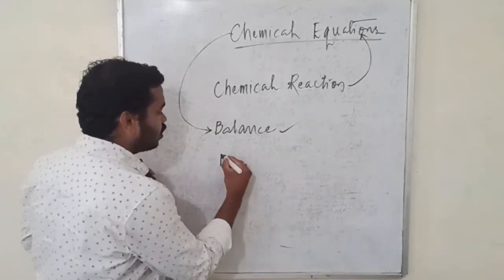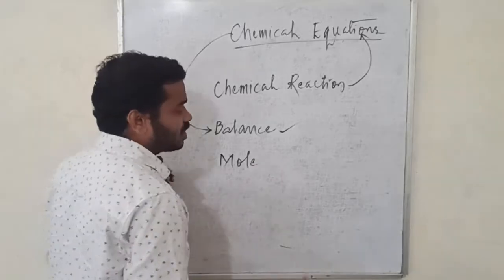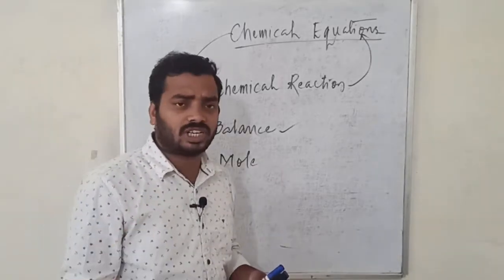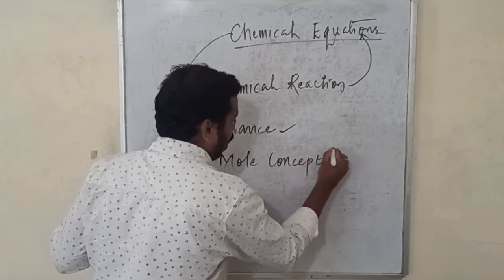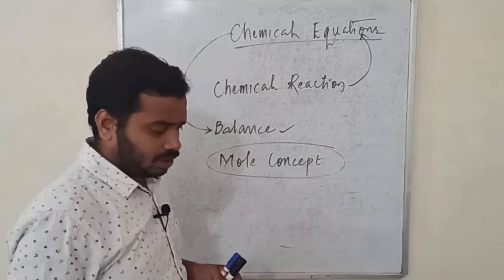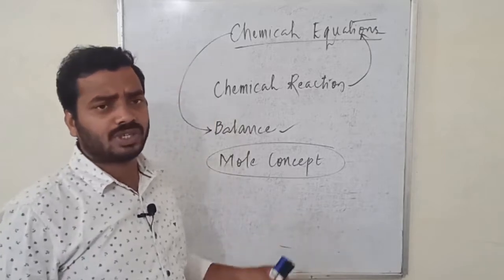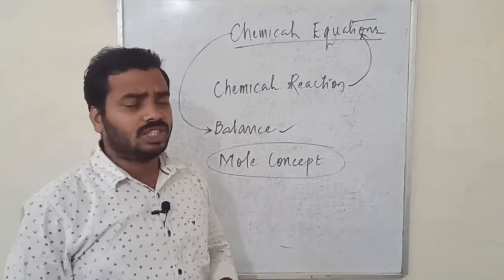After this, we are going to learn a very important topic for your future studies, that is the mole concept, and the problems based upon the mole concept. This is also one of the most important topics you are going to learn in this chapter.